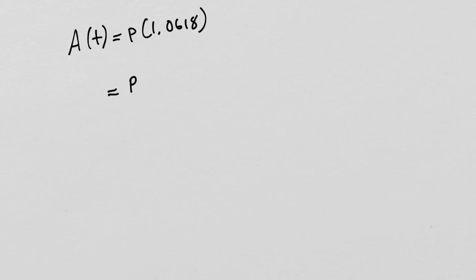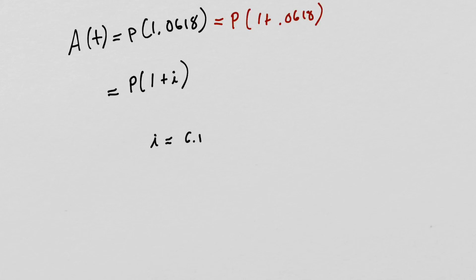This is given by P times 1 plus I here. So writing this term out, this is going to be equivalent to P times 1 plus 0.0618, which means our annual interest rate is going to be about 6.18%.